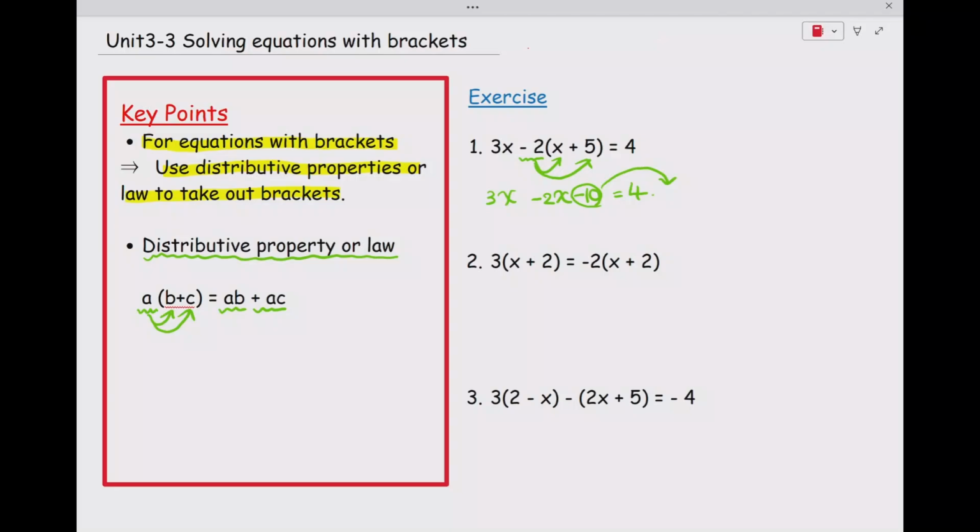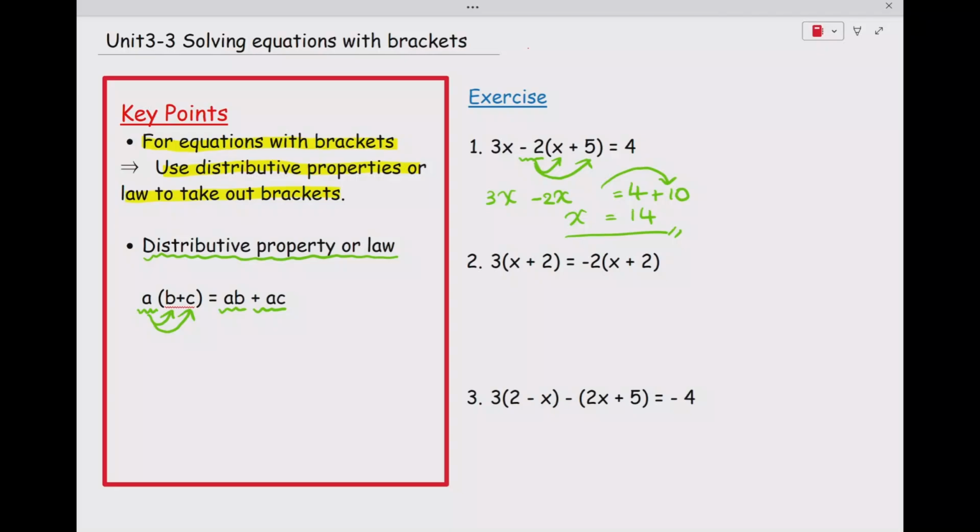Be careful not to forget to change the sign at this point. So we have 3x minus 2x equals 4 plus 10. Calculating both sides of the equation respectively, it becomes x equals 14. So the answer would be x equals 14.